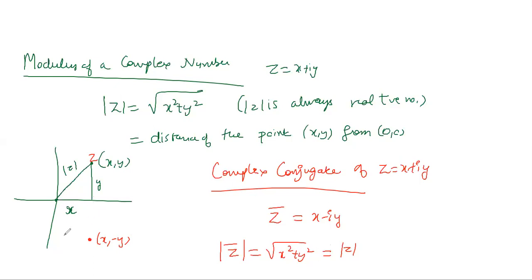So if you calculate this point's distance from the origin, it will also be the same thing, square root of x square plus y square. And if you take the conjugate twice, you will get back the original number. This is also very clear to us.